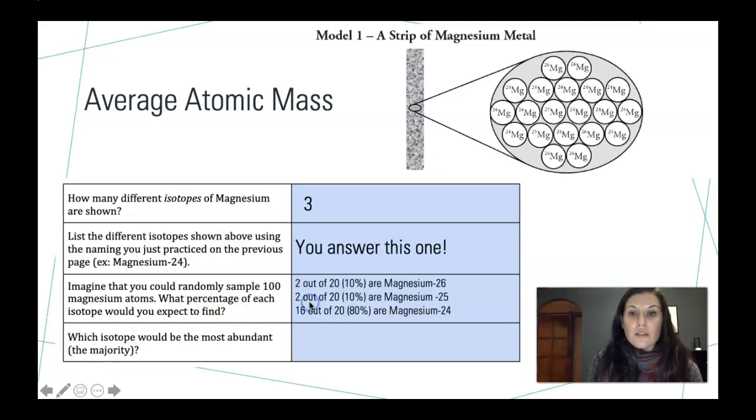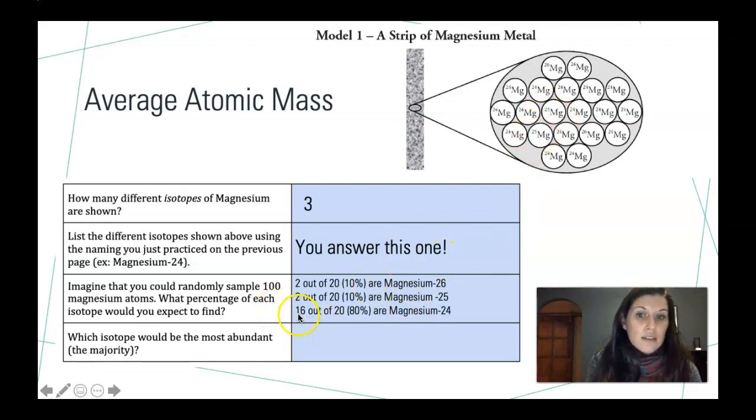Okay, so looking at this, 2 out of my 20 are magnesium 26, right? There's one here and there's one here. So 2 out of 20 is 10%. All right, 2 out of 20 are also magnesium 25. So there's one here and one here. So that's another 10%.